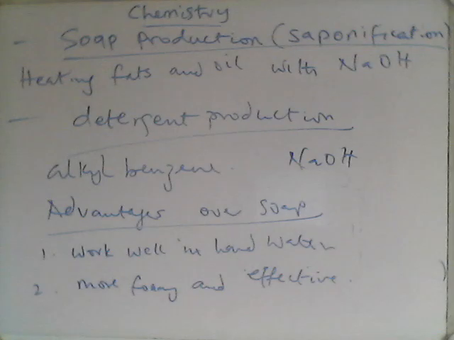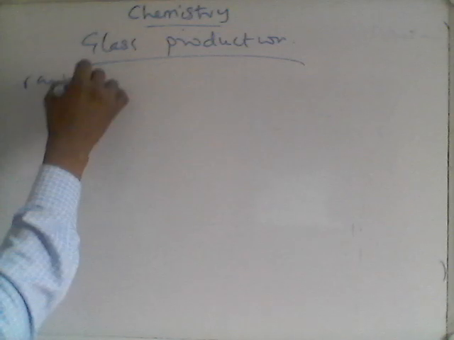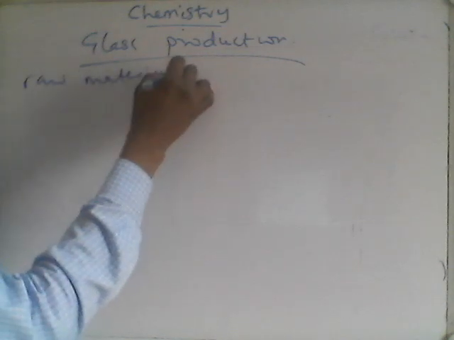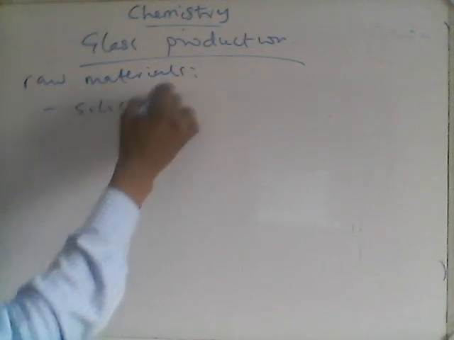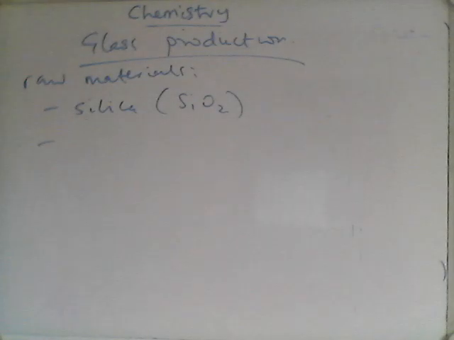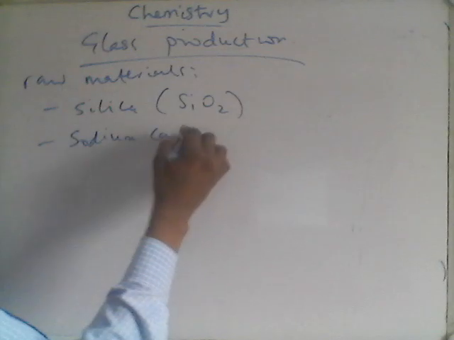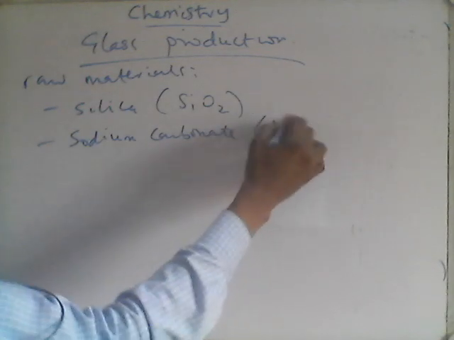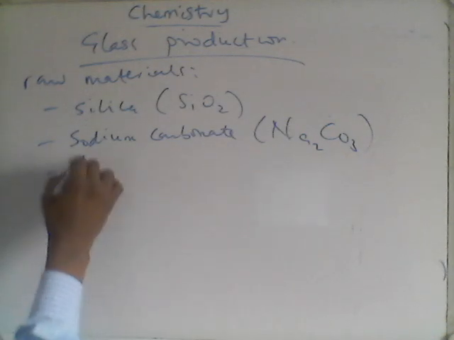Okay, so we look at glass production. For glass production, the raw materials required to make glass are silica, which is from sand, sodium carbonate, and limestone.